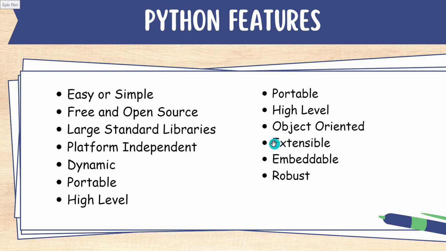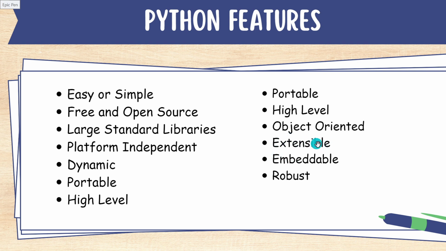Python is extensible. Why? Because Python source code is freely available, so you can extend the functionality of Python. Using the Python code you can create another language as well, like the language Jython was developed by customizing the Python code.